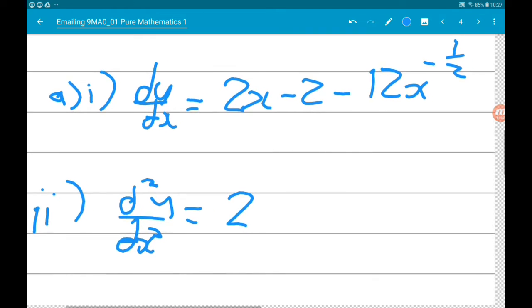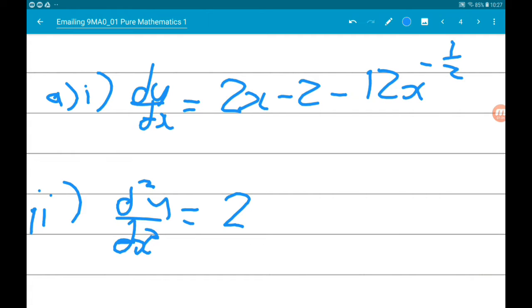Now, the minus 2 in the middle disappears, so then minus 12x to the minus 1 half, well, the minus 1 half comes down and multiplies minus 12, so that's going to give us positive 6. And then the power is going to be x to the minus 3 halves. Cool.